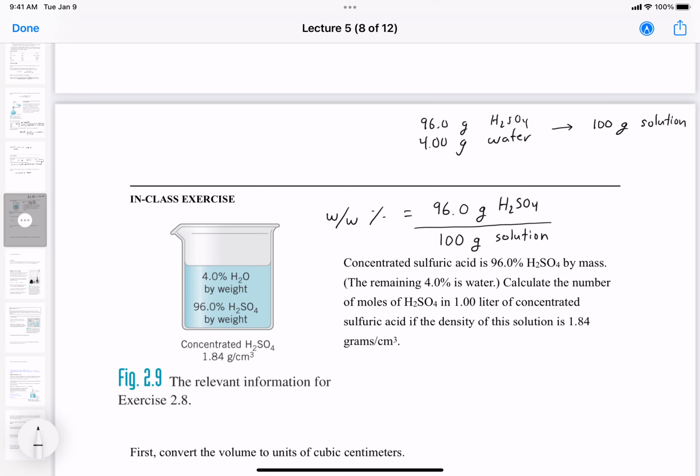Okay, so if we multiply this by percentage, we will get 96% H2SO4. So that's another way we represent concentration is by percent.